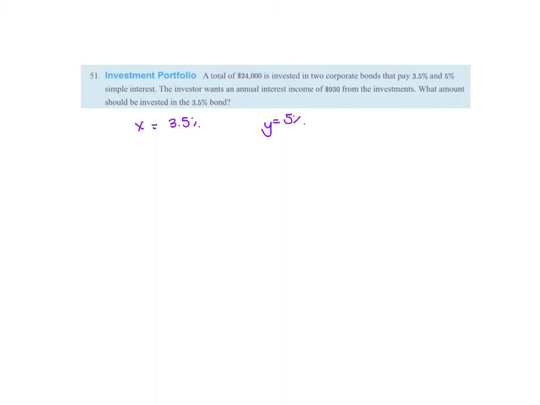So what we can write as one equation is X plus Y equals the total of $24,000, right? It's a total of $24,000. Then the investor wants an annual interest income, so just the annual interest of $930.